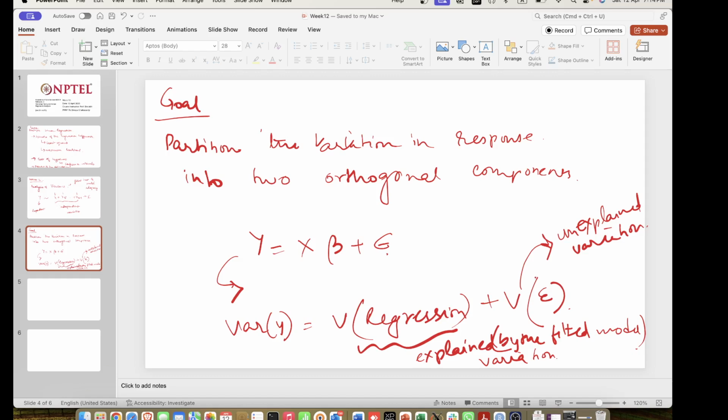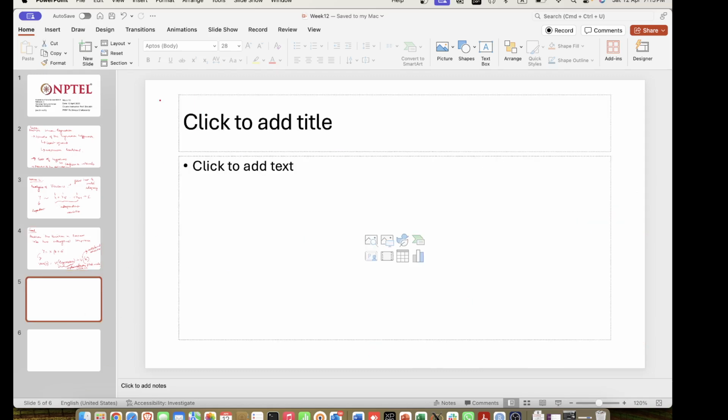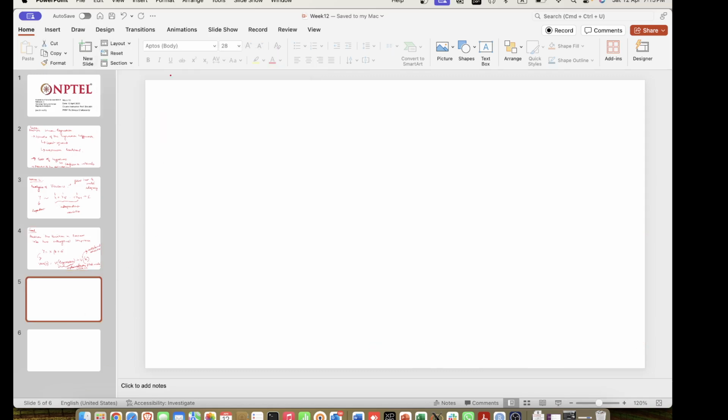Here we write this as SS total equal to sum of squares due to regression plus sum of squares due to residuals.